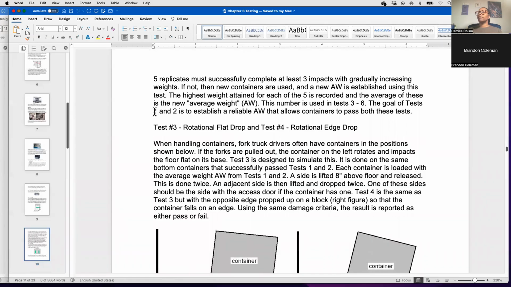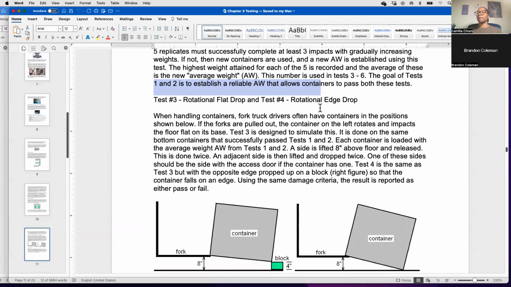So again, the goal of the first 2 tests is to establish a reliable weight, or the average weight of what you're packing, that will allow those containers to get transit tested and pass both of those tests during that transit testing sequence.